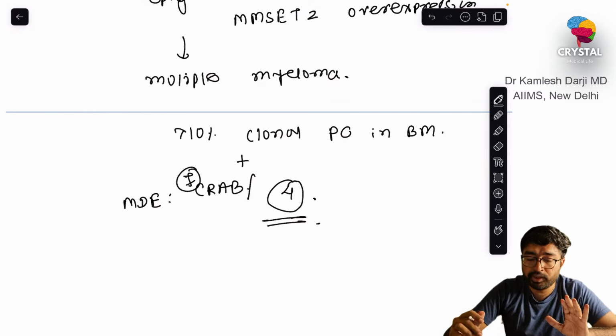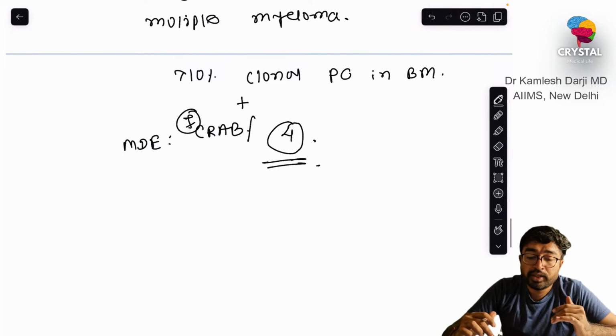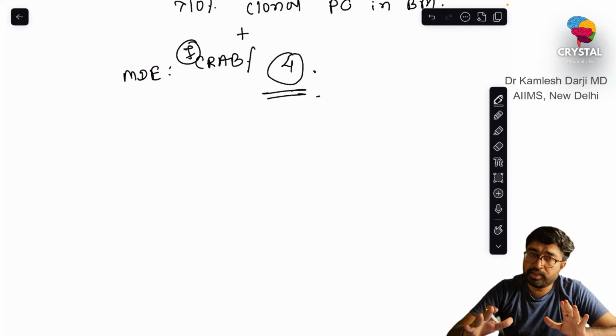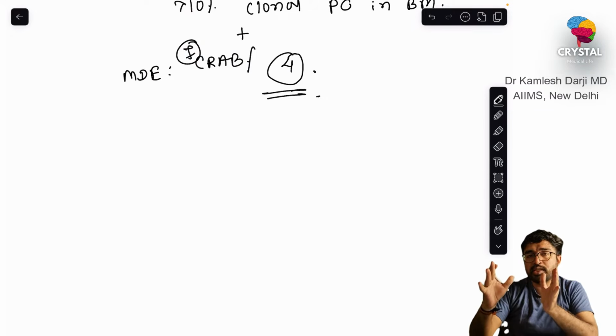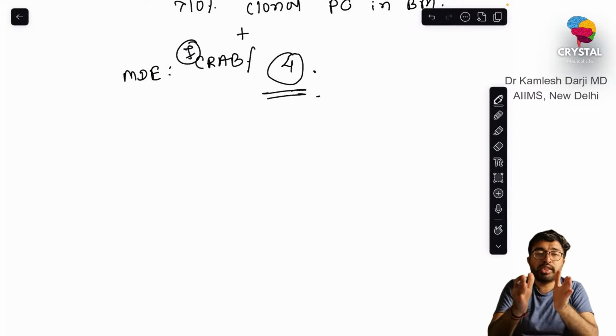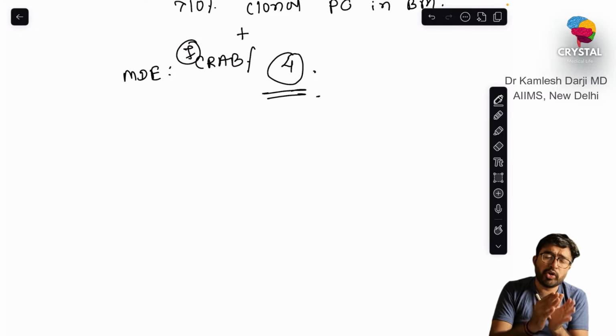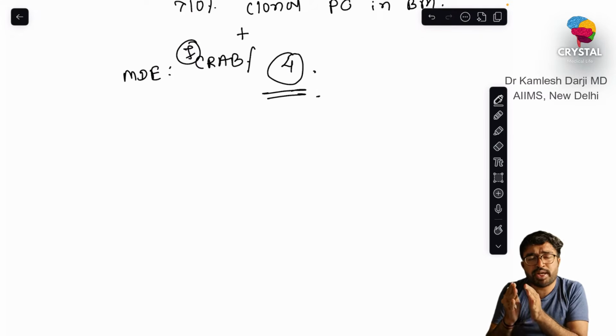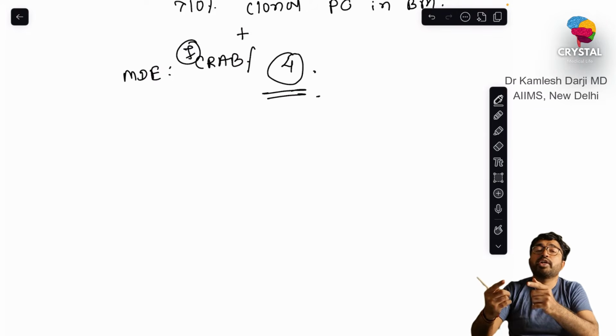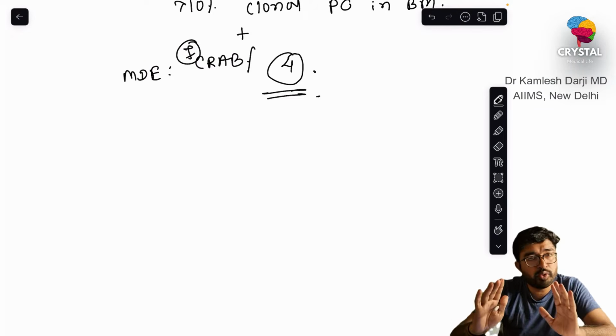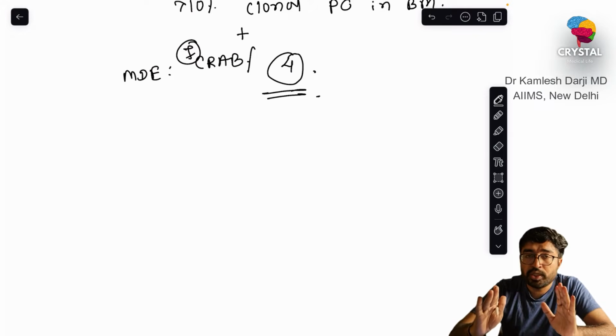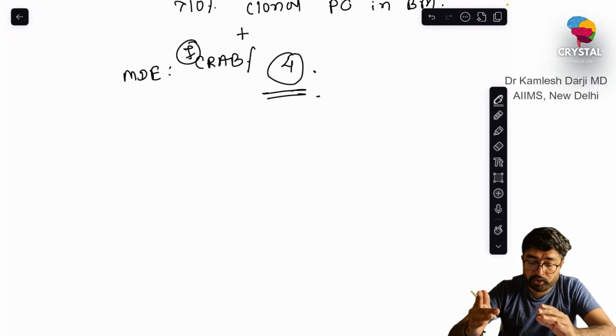I will explain everything in the next part. Now, you are understanding how this plasma blast is mutated and how the process comes from the gammopathy of undetermined significance to smoldering myeloma to multiple myeloma. You have now understood everything about the genetic process.